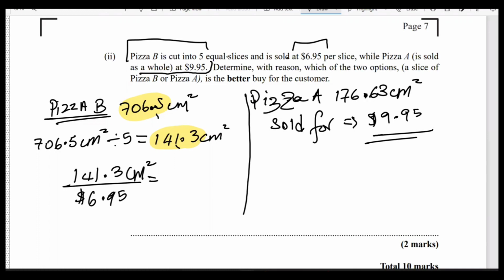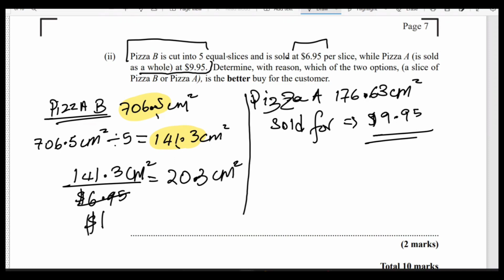So 6.95 into itself one time, and this is referring to $1 at the bottom. So we're getting 20.3 cm squared.